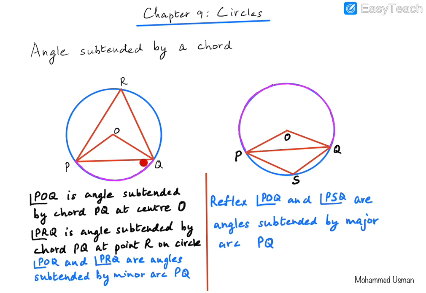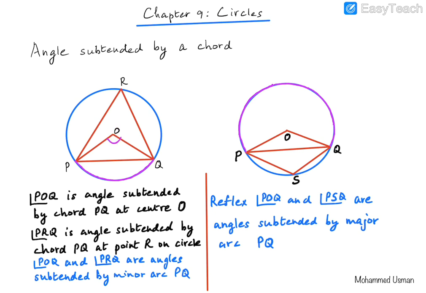So we have a chord here, PQ, and this chord PQ subtends an angle POQ at the center of the circle. The angle POQ, which is marked as such, is the angle subtended by the chord PQ at the center of the circle.